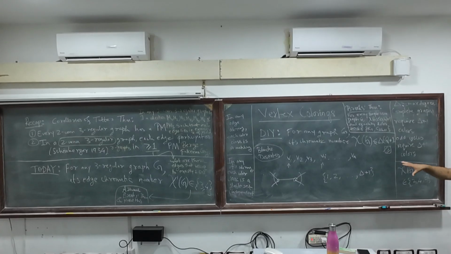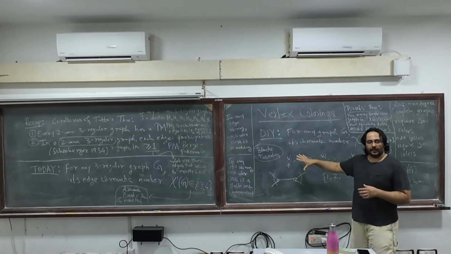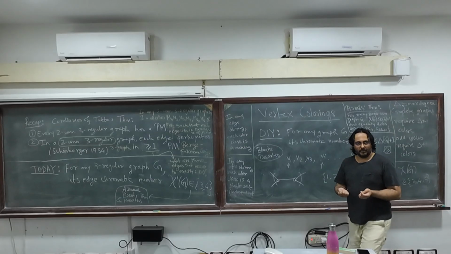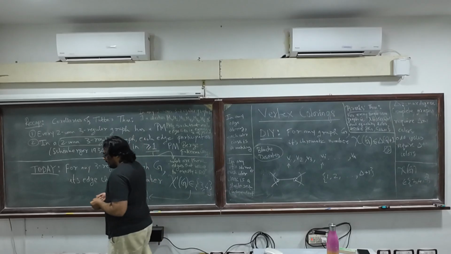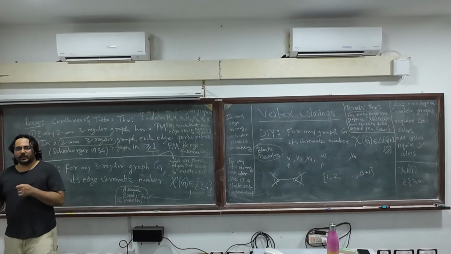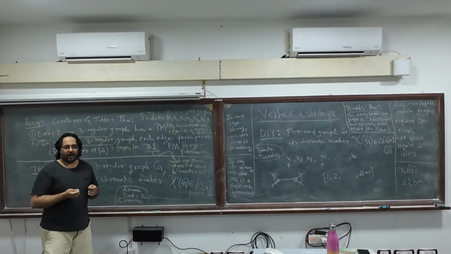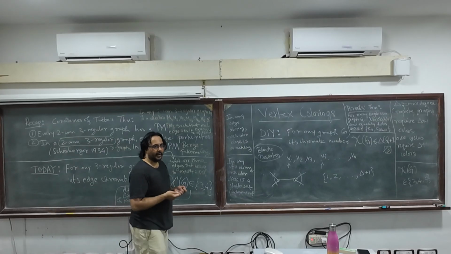And in order to do that, we considered the line graph and we studied the line graph and we made some conclusions about it, right? But observe that you can't do it the other way around. How would you convert a vertex coloring problem into an edge coloring problem?